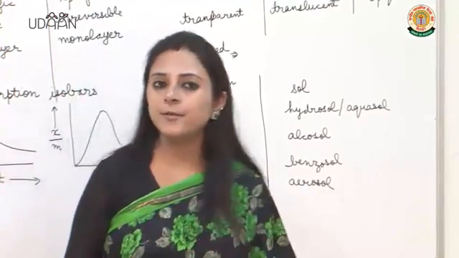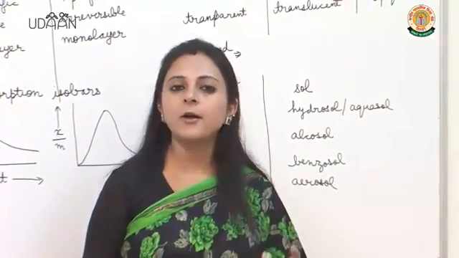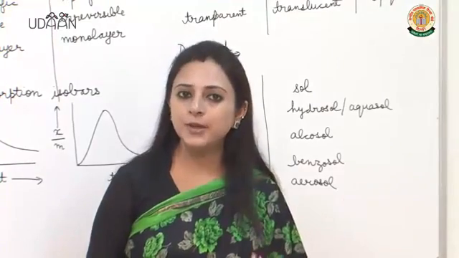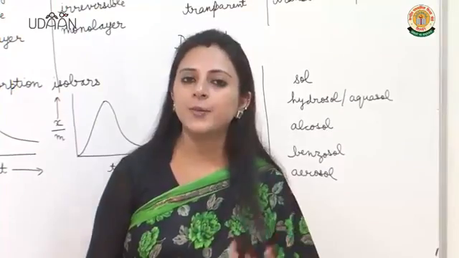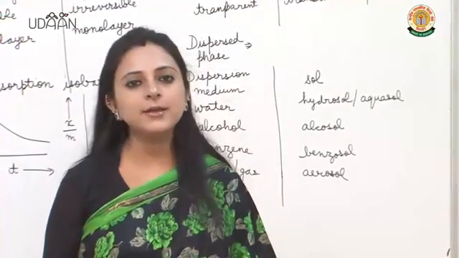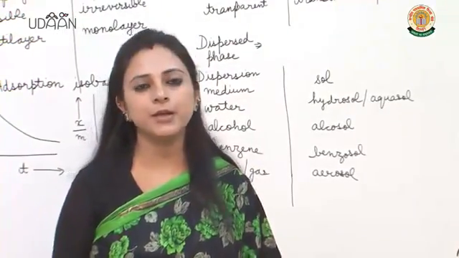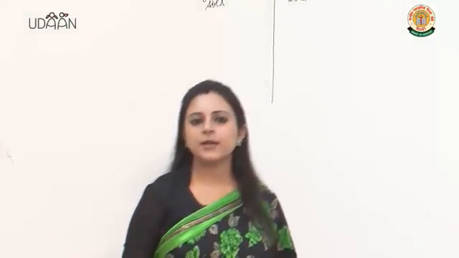Now we will classify the sols on the basis of stability and the interaction between the dispersed phase particles and the dispersion medium particles. Let us understand lyophilic sols and lyophobic sols. They have been classified on the basis of the nature of interaction between the particles of the dispersed phase and the dispersion medium.